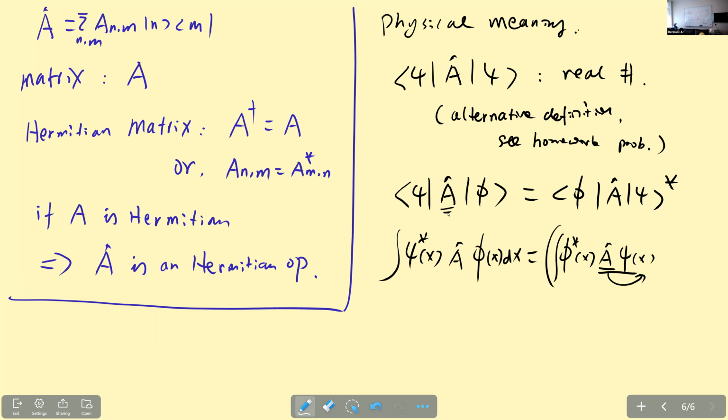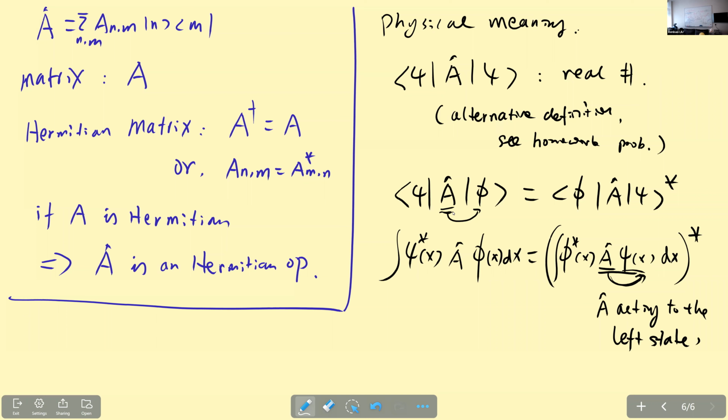So in this one, this A acting on phi, but on this one, this A acting on psi, okay. So this is important, the left state. Okay. So you can see that this operator A can be acting on this one or that one, okay.